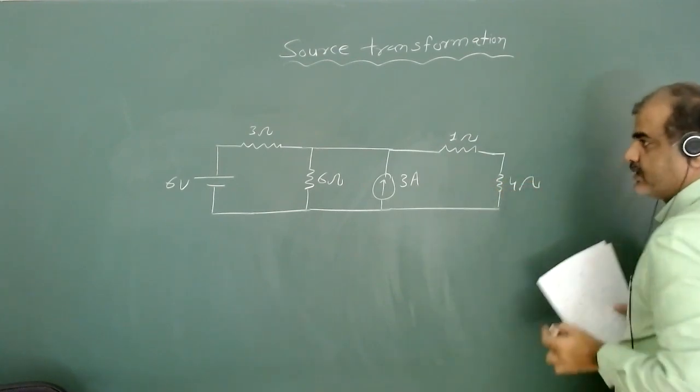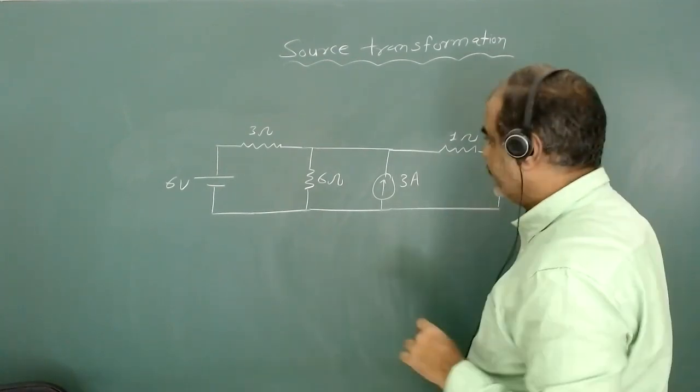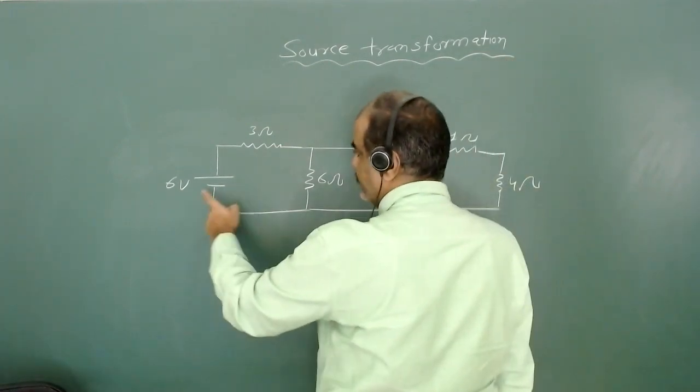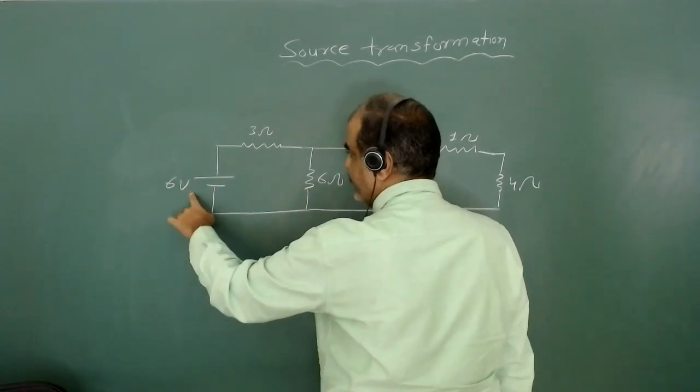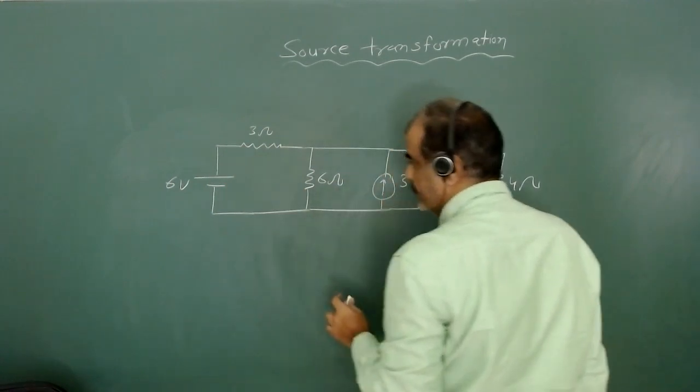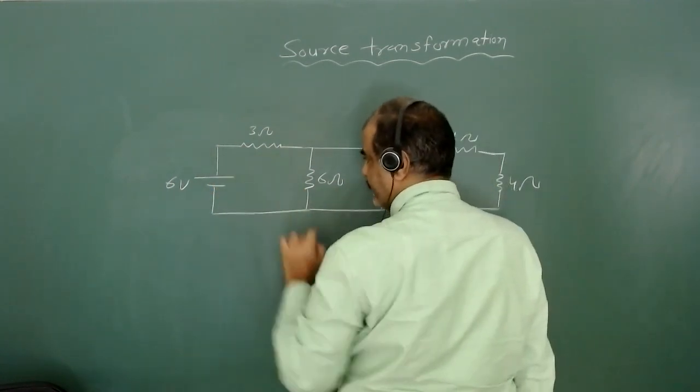Now I want to solve this circuit using the source transformation technique. First of all, I will convert this voltage source along with its series resistance into a current source with an equivalent parallel resistance.